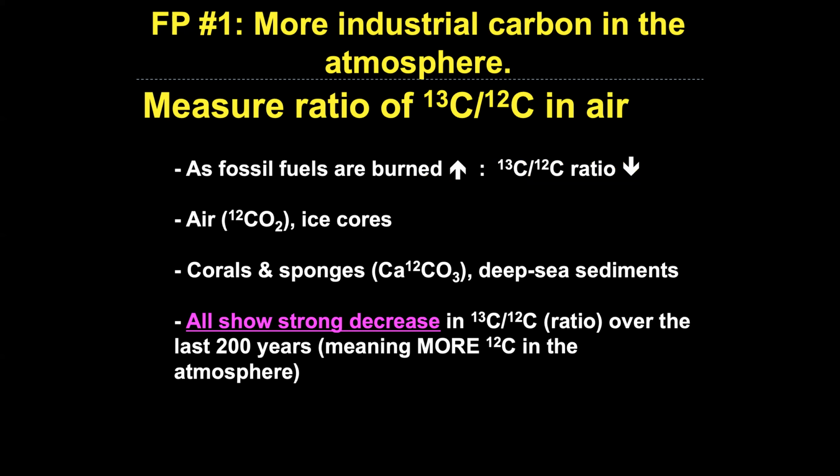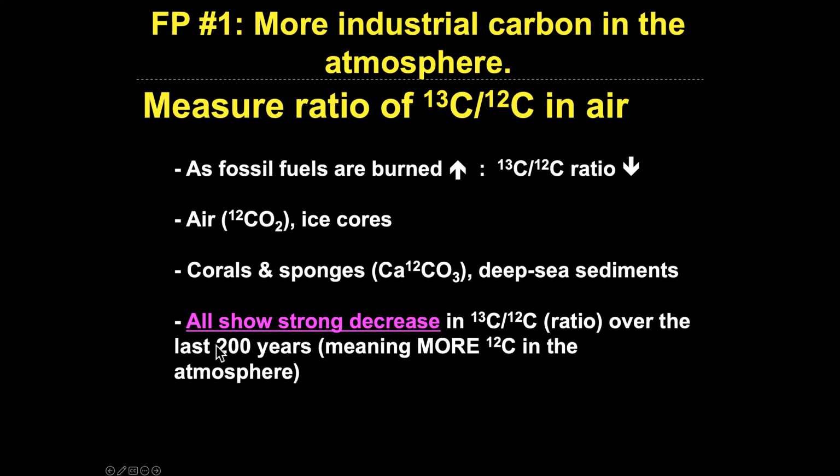So you can measure the ratio of carbon-13 to 12 in the air as fossil fuels are burned, meaning you put more of this into the air. The ratio of this to this decreases because this number becomes bigger, that's smaller, that becomes smaller. You can measure this in ice cores, in corals, and other sponges.